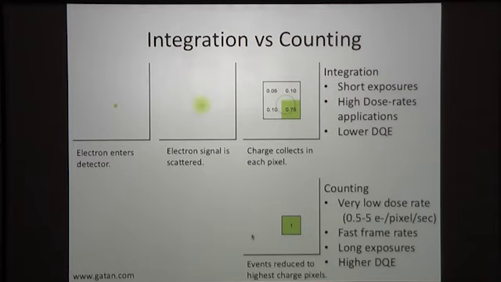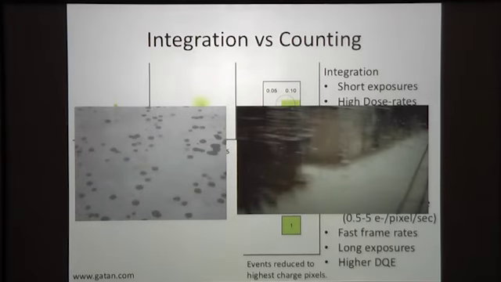Now, with the counting detector, these events that happened here are reduced to a single pixel. But in order to be able to do that, you have to either have a very fast frame rate or a really low dose rate. It's the equivalent of being able to count drops of rain as they fall on your sidewalk. So shown here is when you have just a few drops when it starts raining, and you can actually count the events.